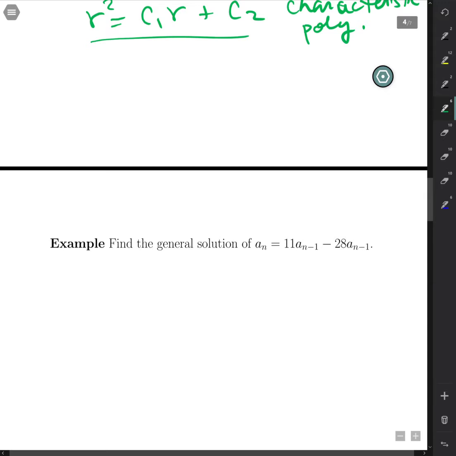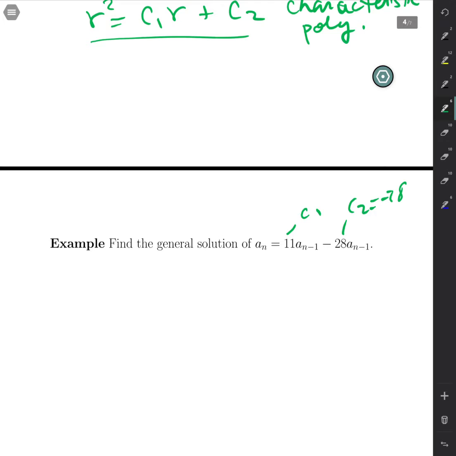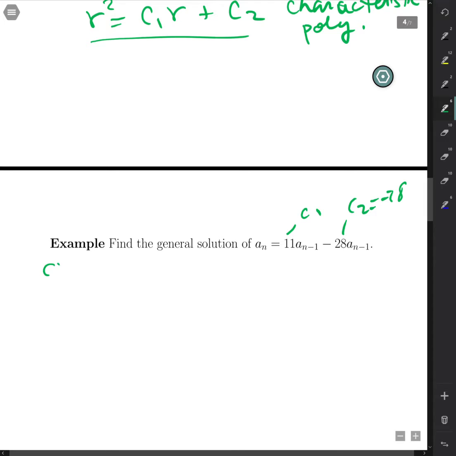So here we're going to have one where c1 is 11 and c2 is minus 28, like so. And we're going to find the general solution. So the first thing to do with this is write down the characteristic polynomial. It has that form.